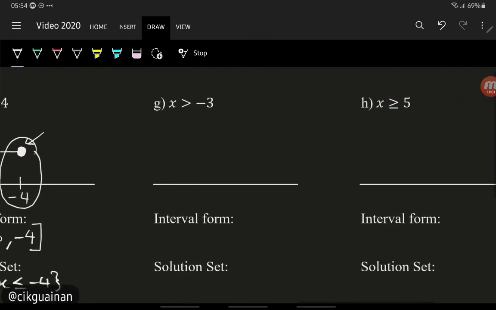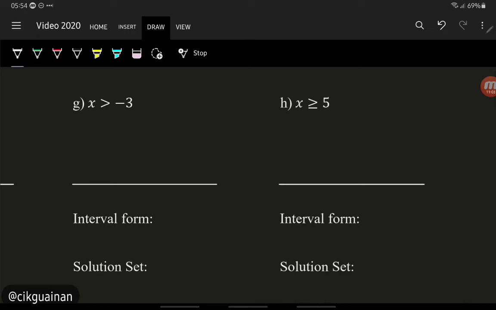Now next, this one, -3. Put -3 over here. And then this one, open circle, empty circle, sorry. Empty circle, and then to the right or to the left? To the right. You see the arrow like this, right? So that is the line. So this is the number line representing x greater than -3.